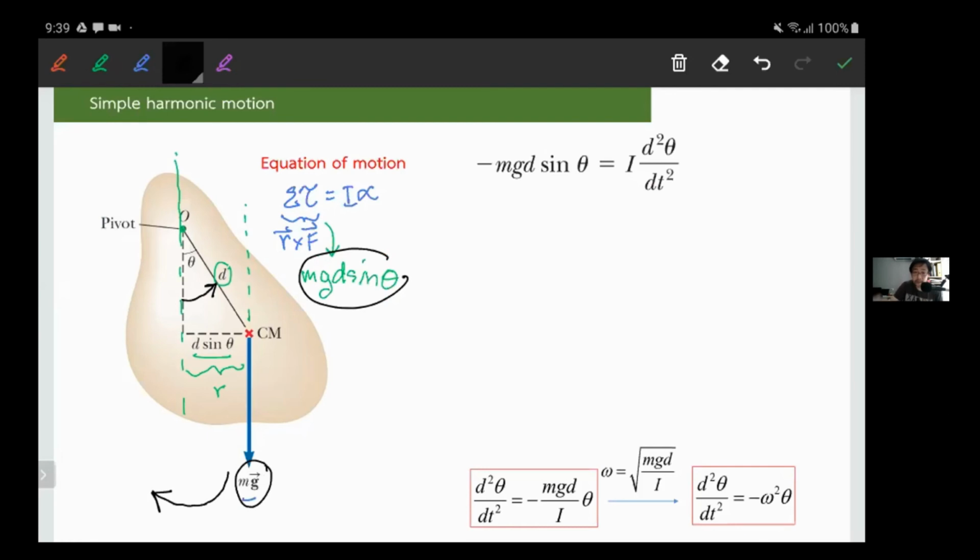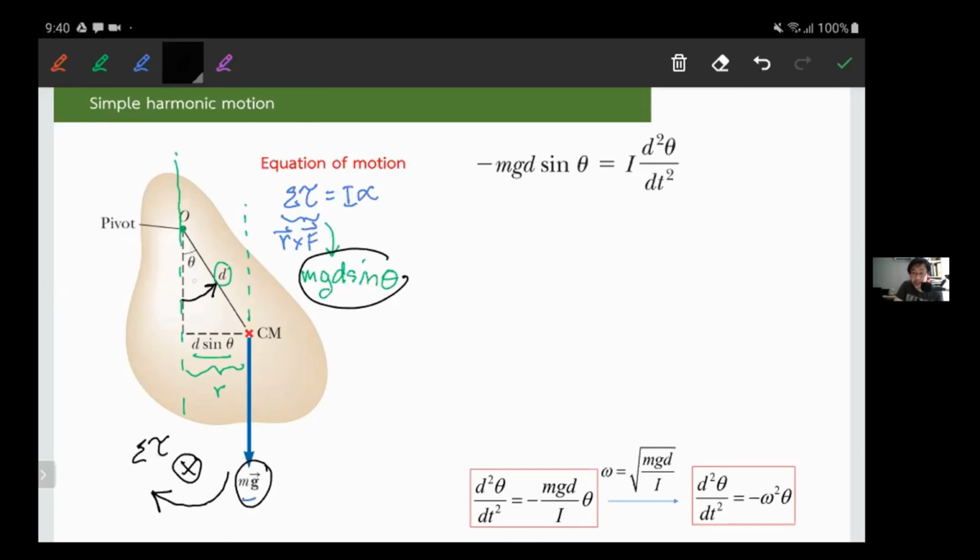If you remember the right hand rule, the torque has to follow the right hand rule. So the mg is generating the torque into the page. The torque is into the page. You rotate your hand in the direction of the movement, and your thumb will point towards the torque vector. So the torque vector is into the page right here.